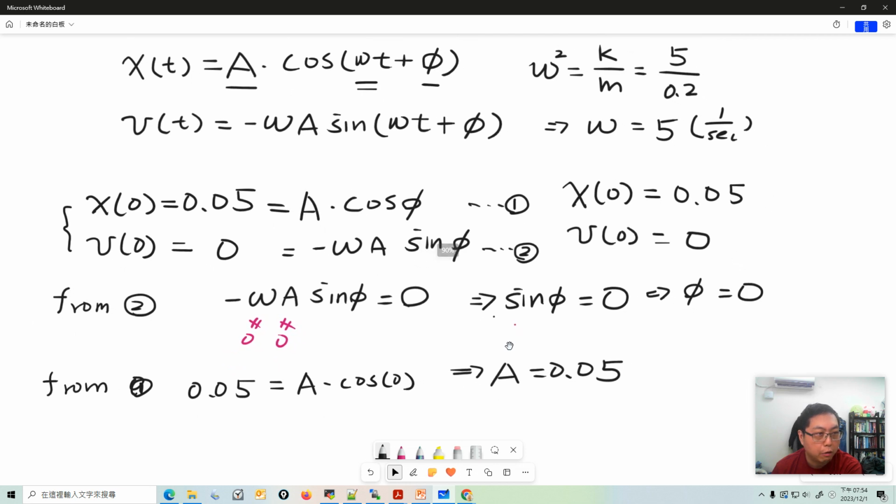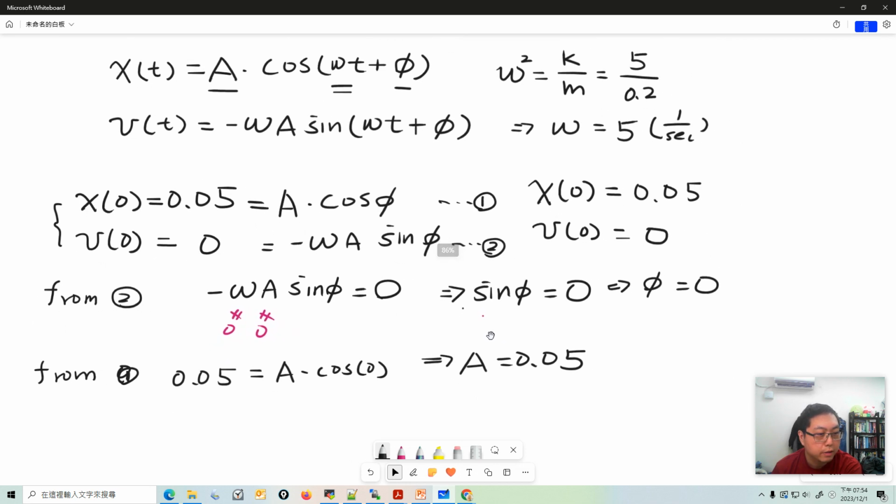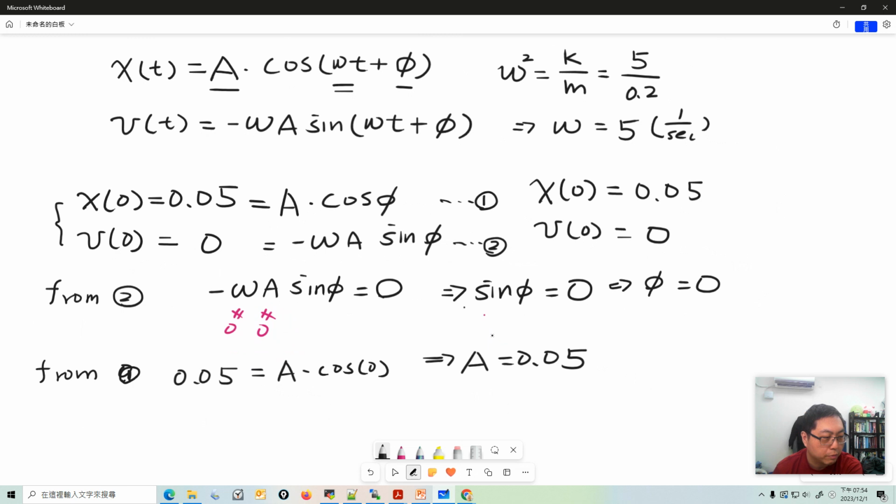And then what's our position function after all? Our position function is 0.05 times cosine of 5t, and the phase constant phi is 0. It's very lucky it's 0 in this problem.